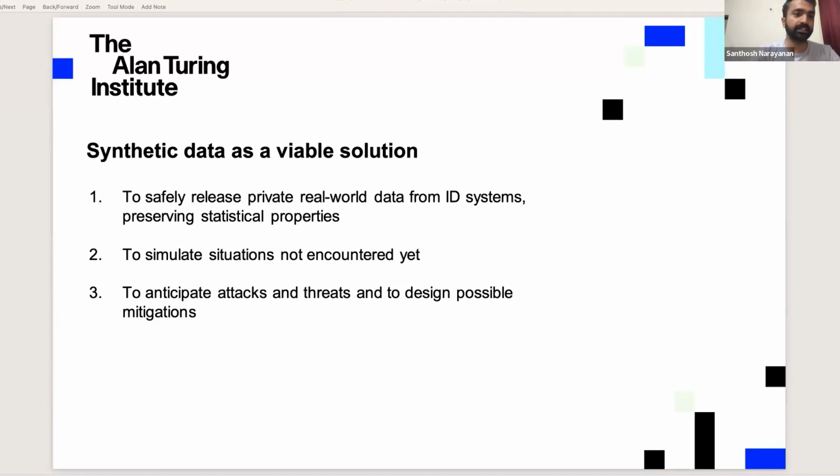So the idea is to release a data set that has the same statistical properties as any real world data from an ID system would have. This can help us also simulate situations that have not been encountered yet or captured by real data. Synthetic data can also help with anticipating attacks and threats, and therefore design ID systems in a better way to mitigate these threats.